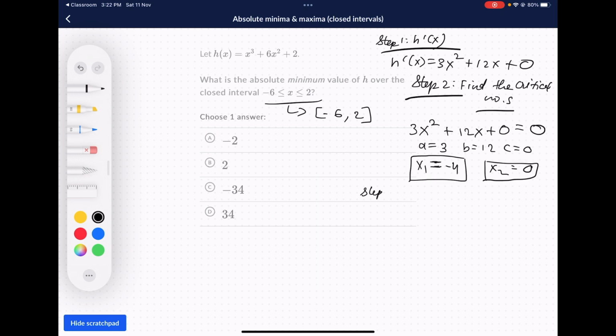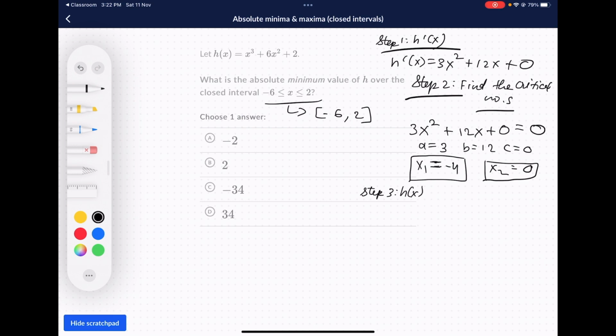And step 3 is to use the equation given, the original one, not the derivative, not this one, and inserting our x values, which has to include our interval values as well, into our original equation.